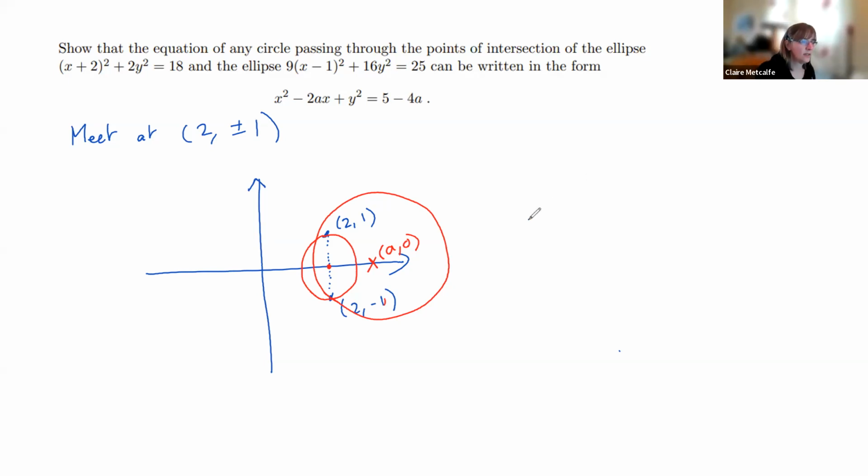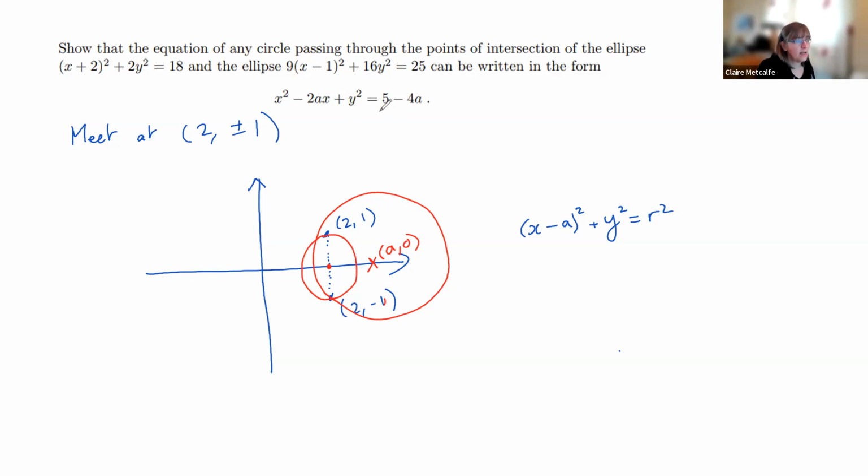So the circle equation is going to be something like (x minus a) squared plus y squared is equal to r squared. Okay. So this is looking vaguely good because we've got an x squared and a minus 2ax. That will come from expanding this, and we've got a y squared.